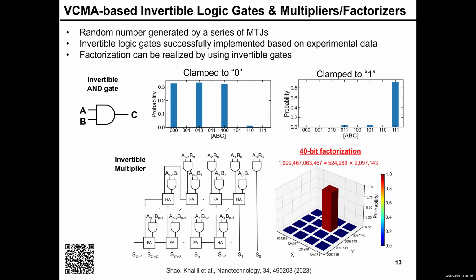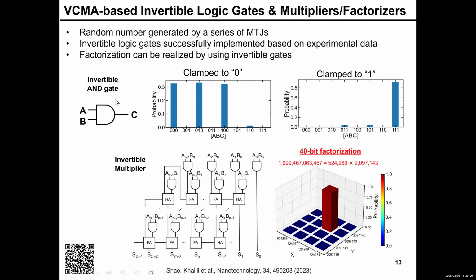And then we used these in software, using these experimentally measured bit streams, to realize a simple probabilistic Ising machine. And so the first thing we did was to see if we can realize invertible gates. Indeed, this worked, as I'm showing here on the top.